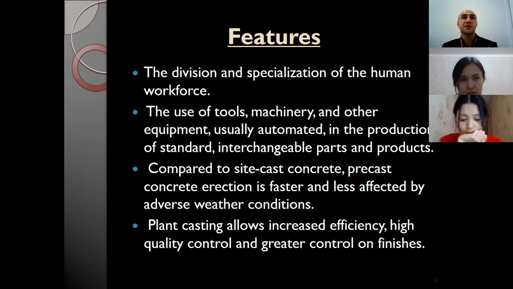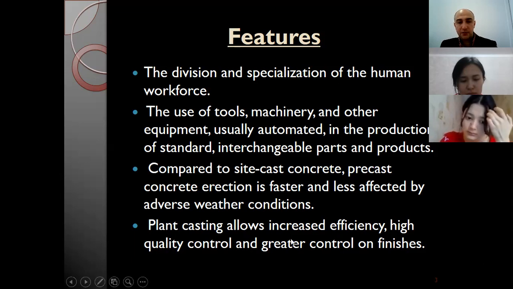So maybe there will be some concrete base present, and a reinforcement factory located nearby, for example. And so it can seem easy to use the monolithic method of construction. But if there are weather conditions which are not actually good for monolithic construction, maybe our decision about the construction methods needs to be changed.